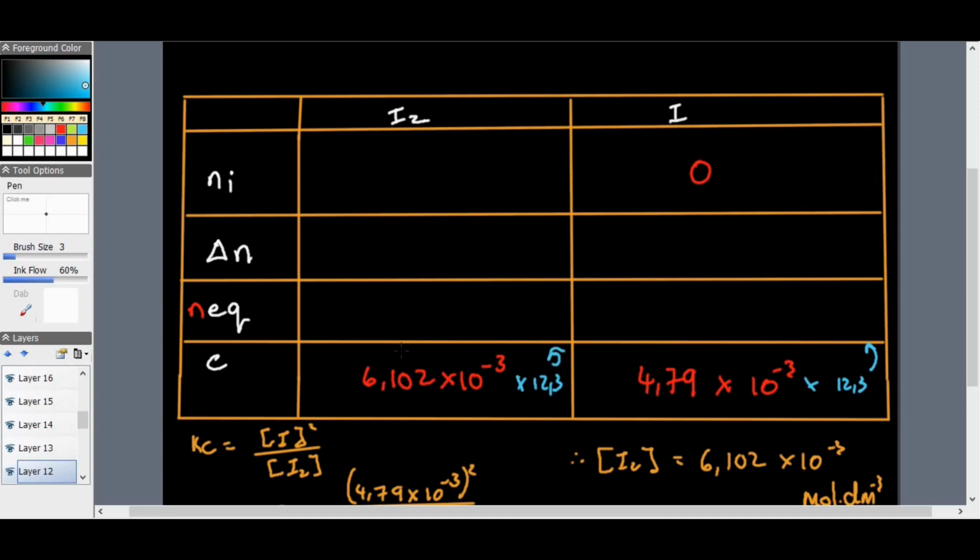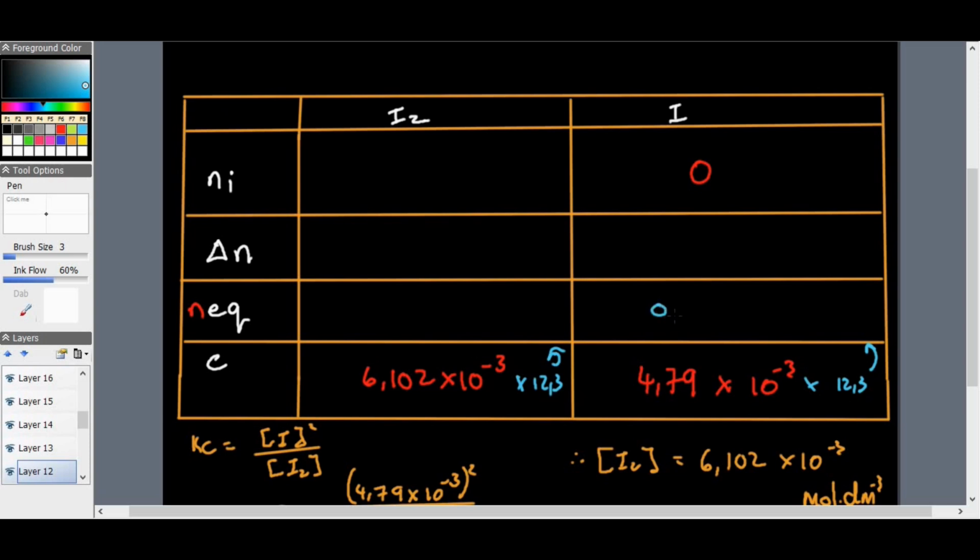So 4.79 times 10 to the power of negative 3 multiplied by 12.3.